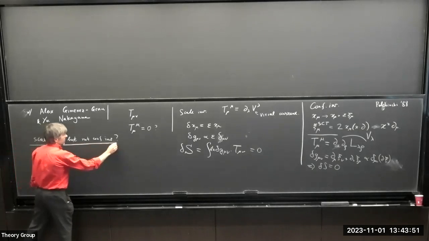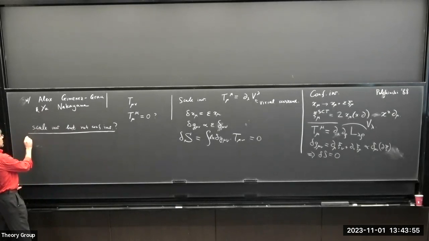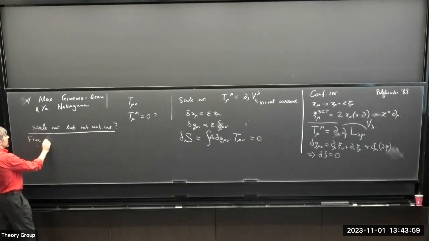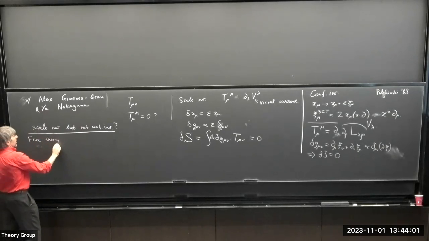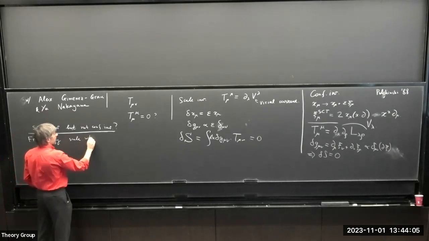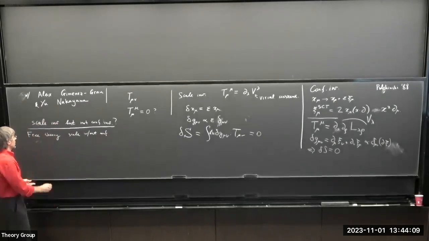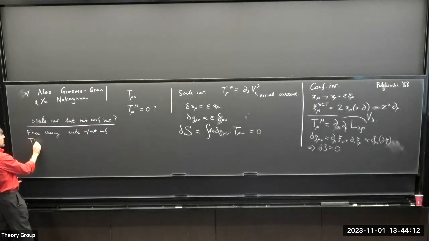So let me give you a classic example of a free theory which is scale without conformal. The classic example of this is the theory of elasticity.